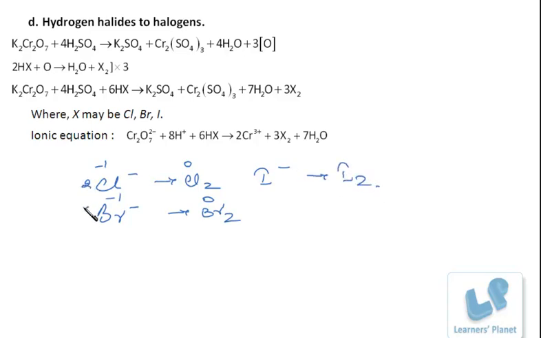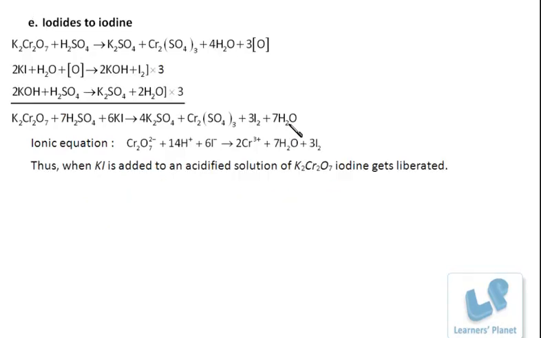So it should be 2, 2 and 2 over here. Again, the same equation, or remember the ionic equation. And just balance the equation by the method of balancing of redox reactions. It's the same, iodides to iodine. That is potassium iodide to iodine.